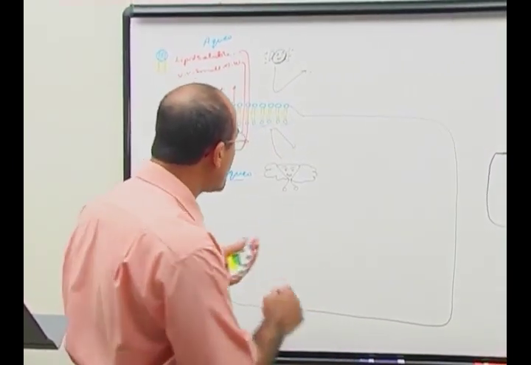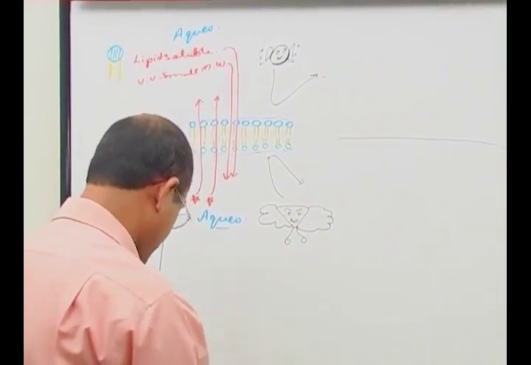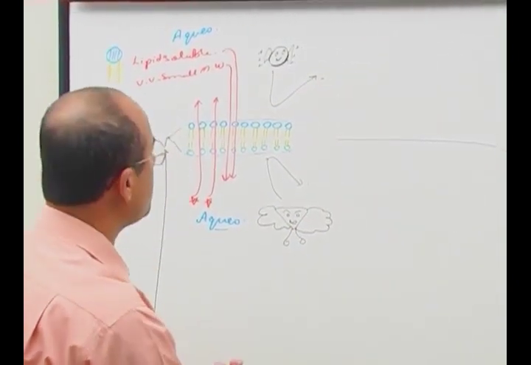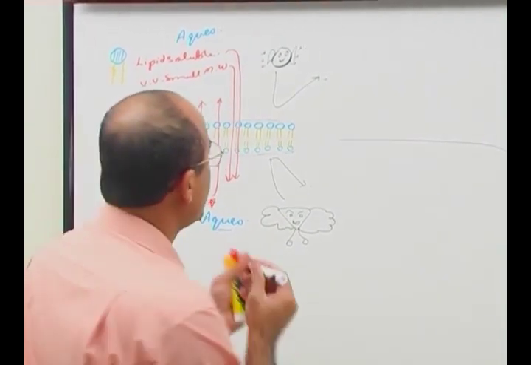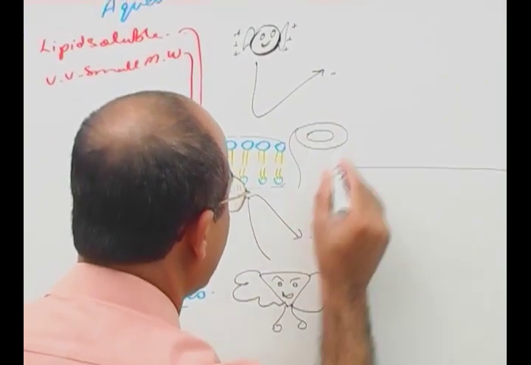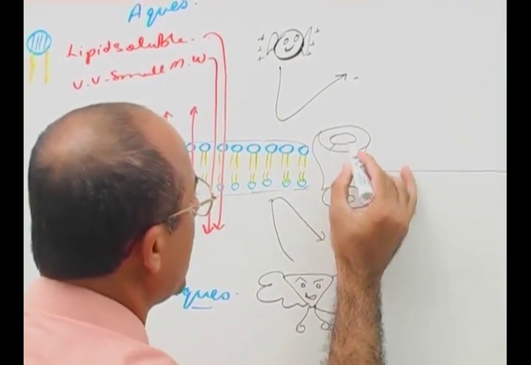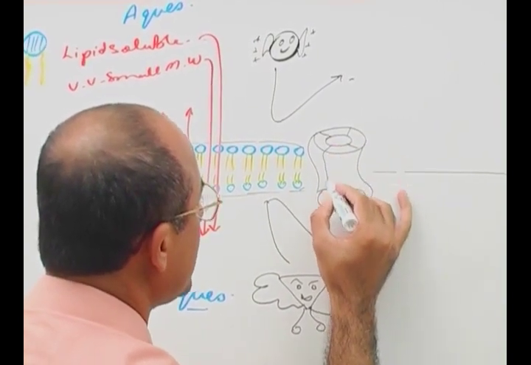Is that right? And those proteins, for example, let me tell you here that here is a protein, and let's suppose this is a protein molecule made of multiple peptide chains.